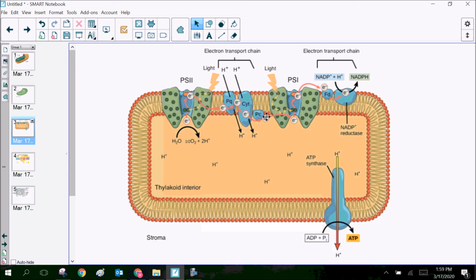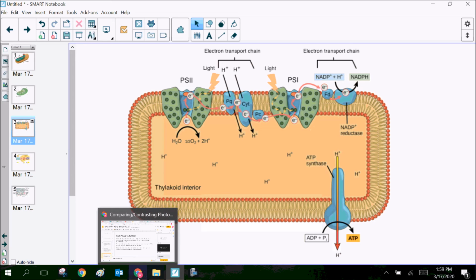Okay, how does this help? Well, if PS1 is the only one allowed to function, then we slow down the amount of NADPH that's being used. It makes it so that NADPH can be used in the Calvin cycle with what little carbon we have left, and enough of it can come back and catch the electrons in time so that it doesn't gum up the whole system. So essentially, we just slow down production by shutting off one of the big generators and leaving the other one going.